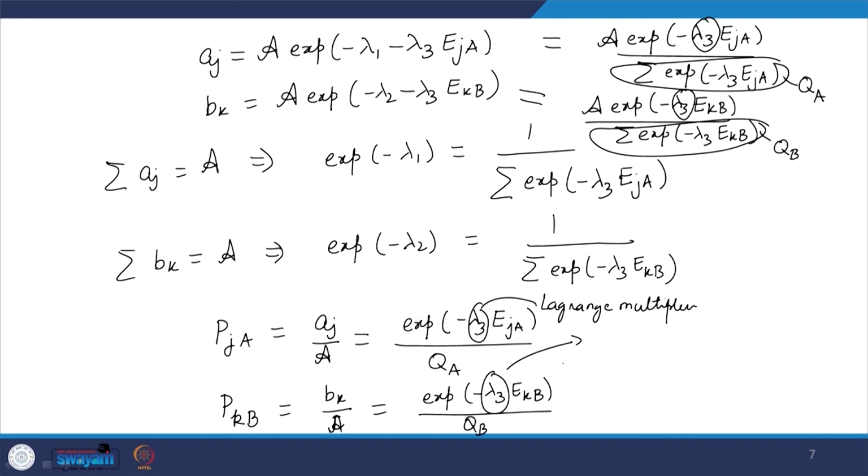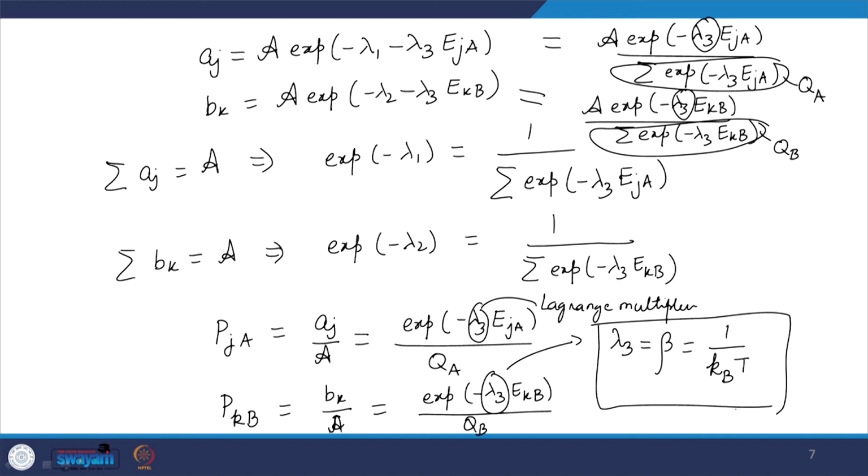It turns out that we can identify this λ3 as β, that is equal to 1 over kB T, and this exactly is the statement of the zeroth law of thermodynamics. So, whenever two systems are in close contact, there has to be something that is common between the two systems, and that something relates to the temperature.